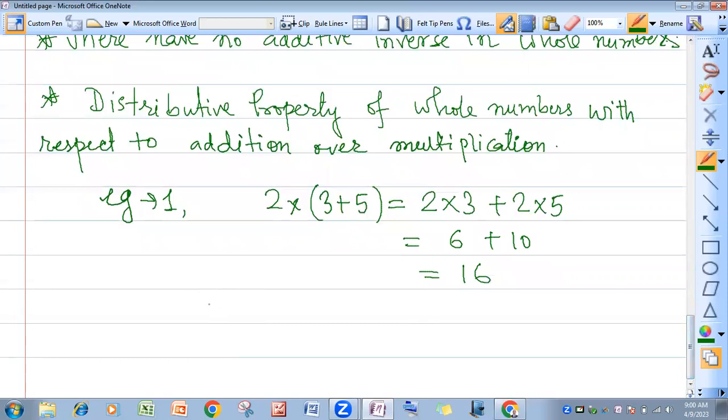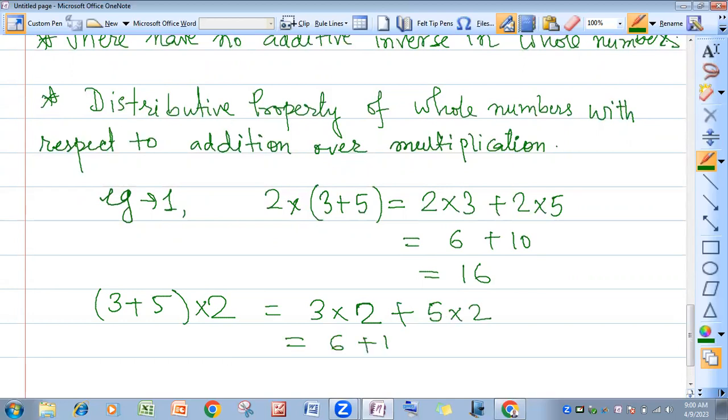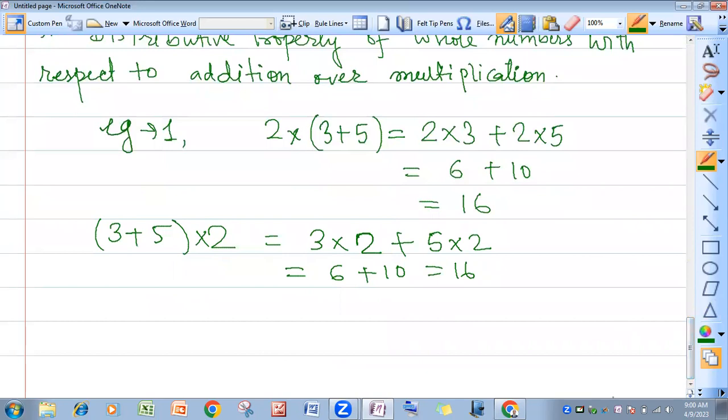Similarly, it is possible to write (3 plus 5) into 2. Same thing. So this is telling about the distributive law.